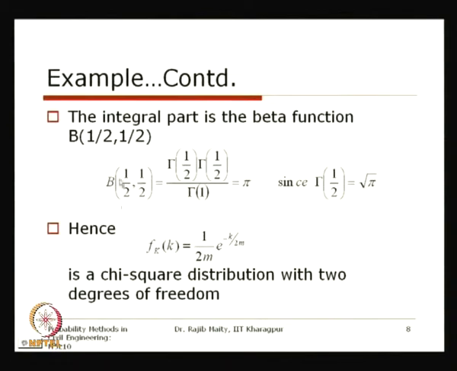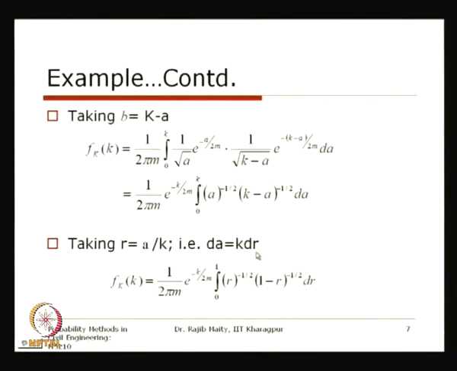So, beta half comma half is equal to gamma half multiplied by gamma half by gamma 1, which is now equal to pi. You know that gamma half is equal to square root of pi. So, the value of this integration is pi, and that pi and this will cancel.